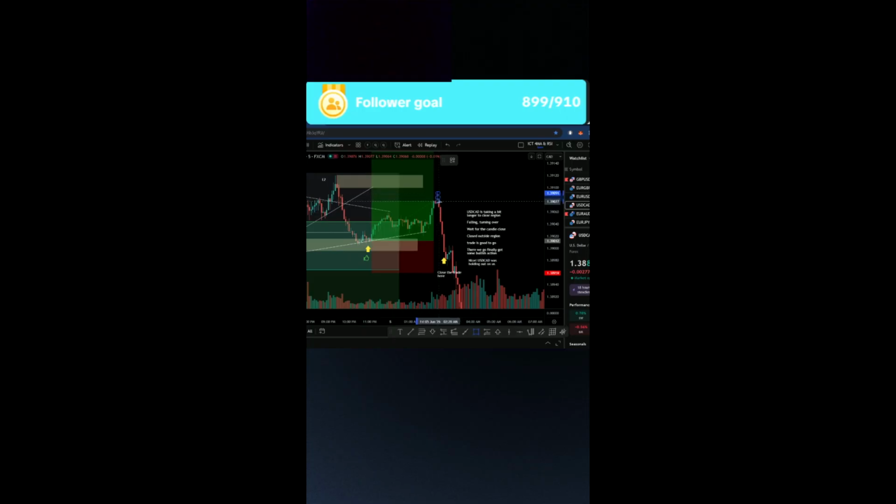So during London, we have our level 2. And then we have our mitigation block right here. I know there's a lot of lipstick on this chart, but the mitigation block ties right in with your level 2.